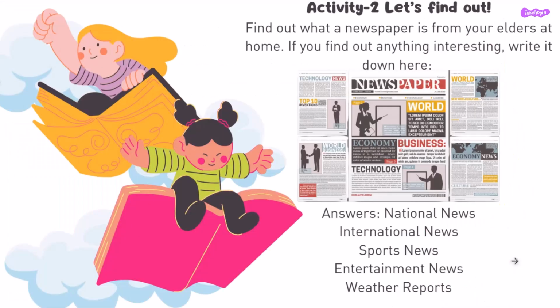Moving ahead, we have activity 2. Let's find out. The learners have to find out what a newspaper is from the elders at home. If they find out anything interesting, they can always write it down.